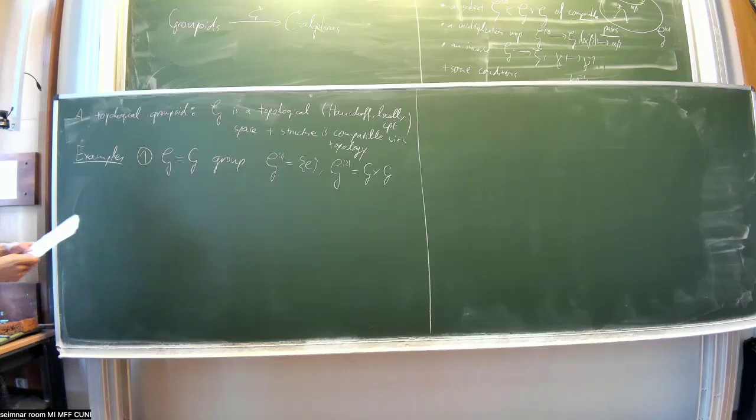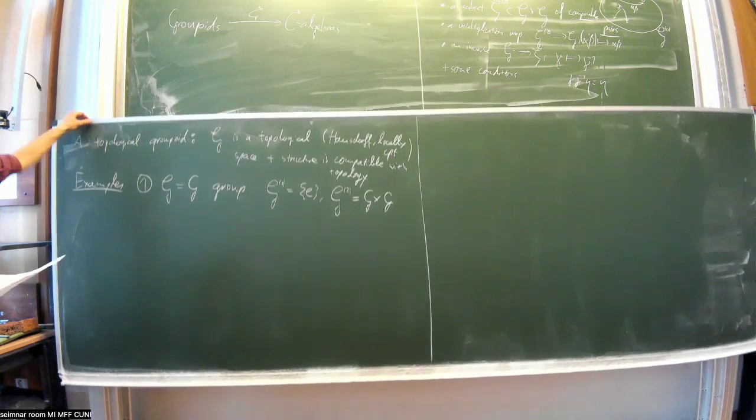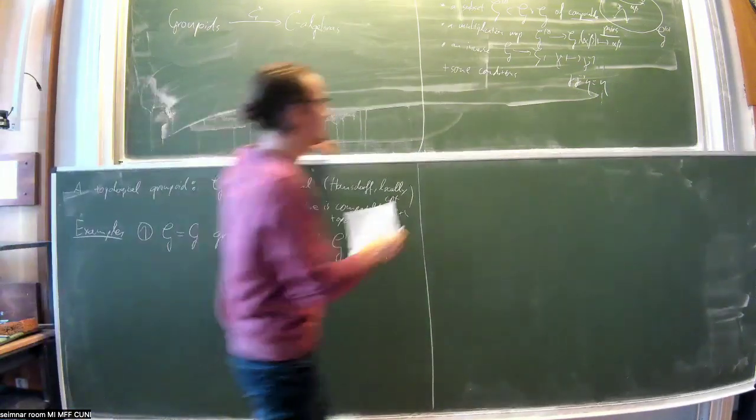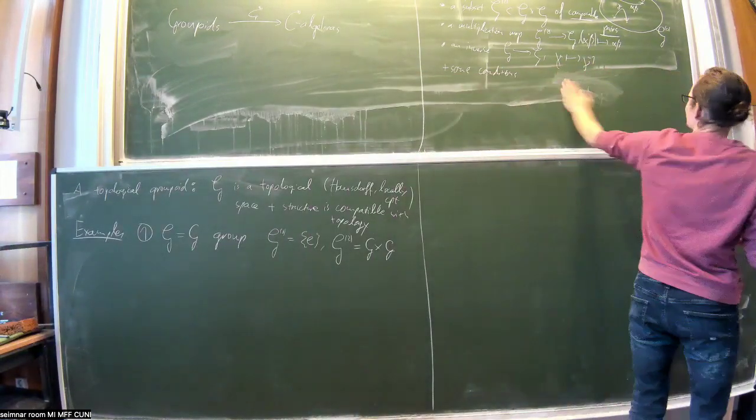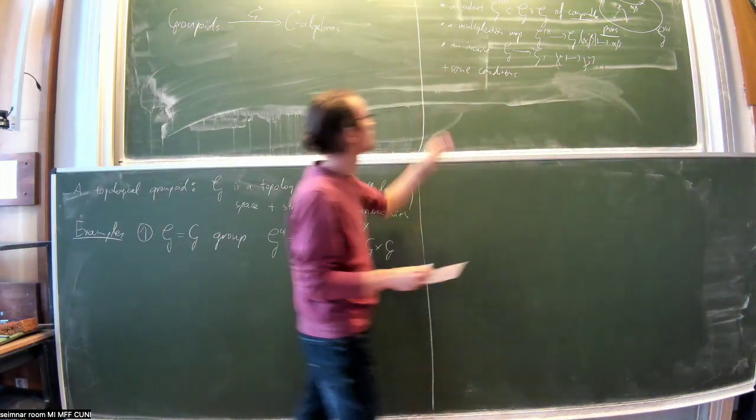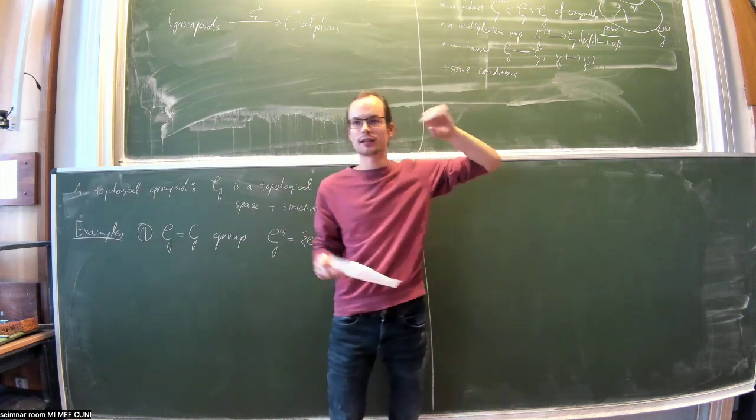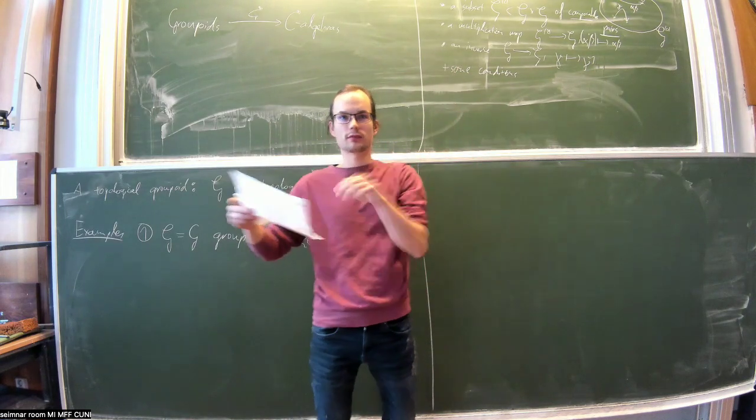And I forgot something. I wanted to introduce the range and source map. Okay, so I've been talking about arrows and their domain and range and source and so on.